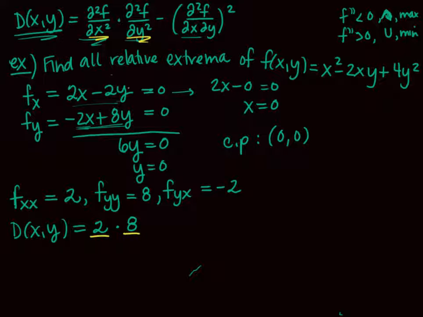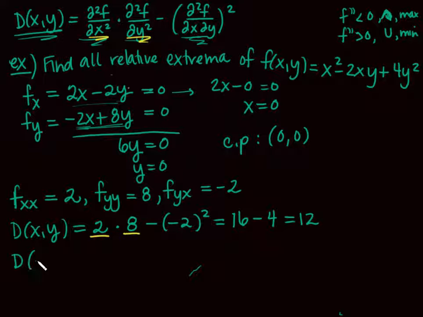Then I subtract the mixed second partial, which in this case is negative 2, and I square it. So this is 16 minus 4, because negative 2 squared is a positive 4. So I get 12.